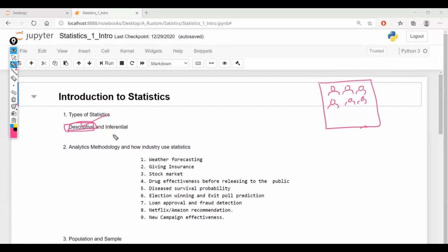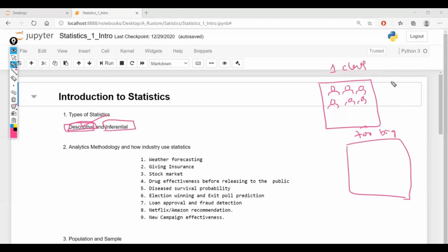All right. Then what is inferential statistics? If my data is too big to explain, right? Suppose there are thousands, and here I have taken one class.